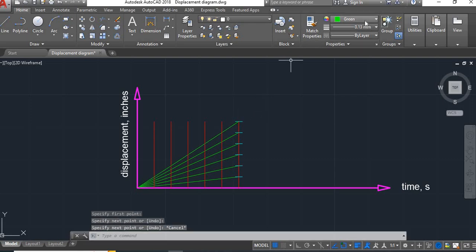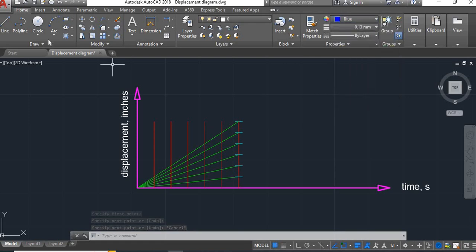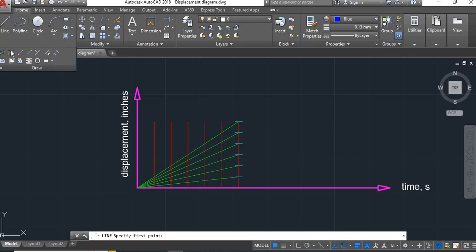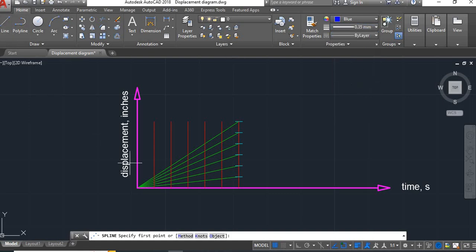Alright, then we choose a blue one for the profile of the motion. Okay, we select this spline, and we change the line weight. Okay, so we will draw again.